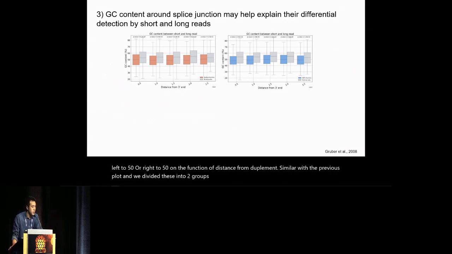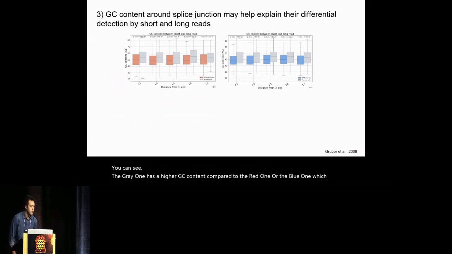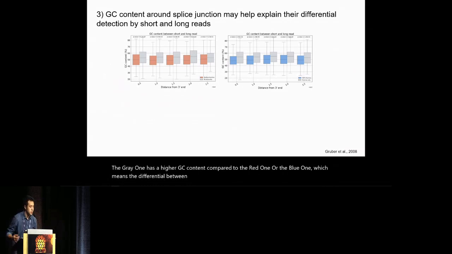One is the red and the blue, which are the junctions that are found by both short and long read, and the green ones are the ones that only short read can find, but long read misses. So if you look at the 2 plots, you can see the gray one has a higher GC content compared to the red one or the blue one, which means the differential between long and short read can be explained by the GC content proportion.